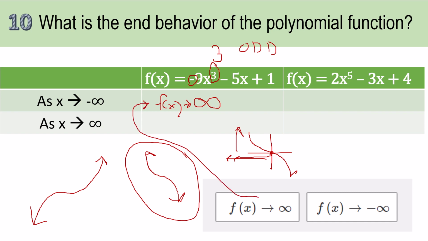You'll be able to drag these in on your test. Now let's look at what happens on the other side as x is going in this direction. F of x is going to negative infinity. It's going down. Oh, I did that wrong. Hold on. I went into a totally different problem. Let me get my eraser.